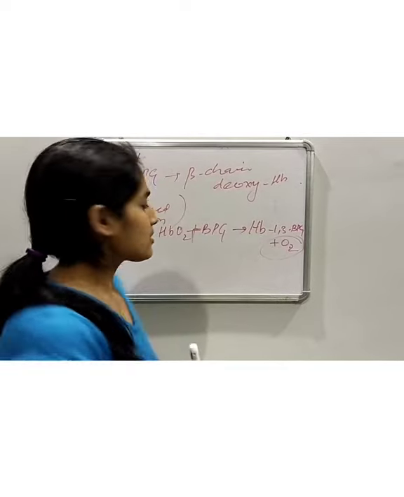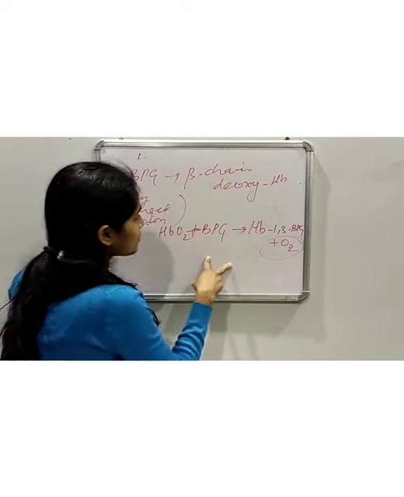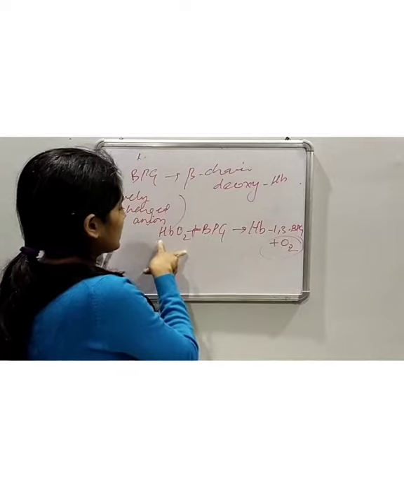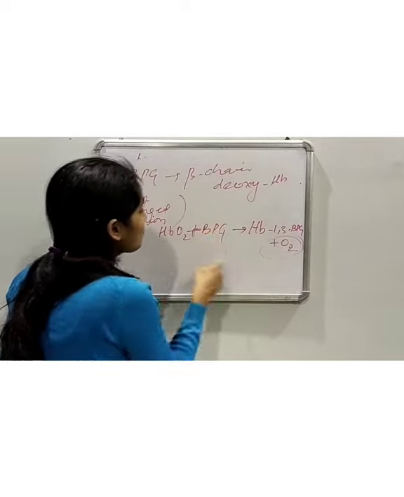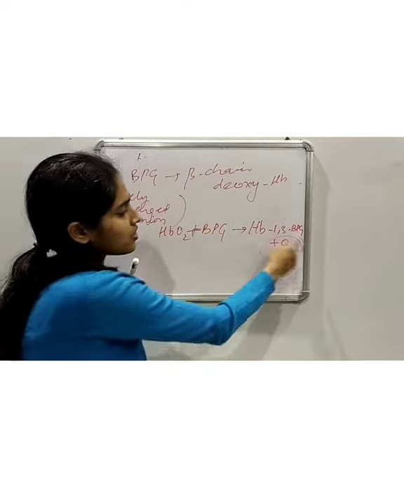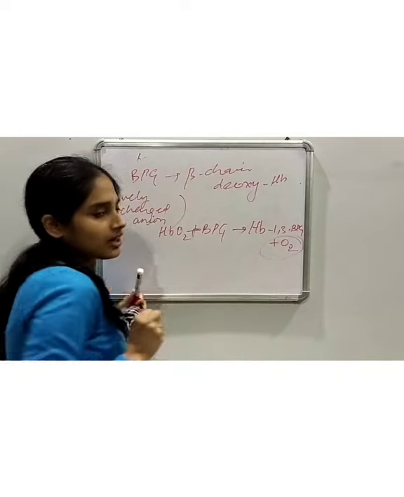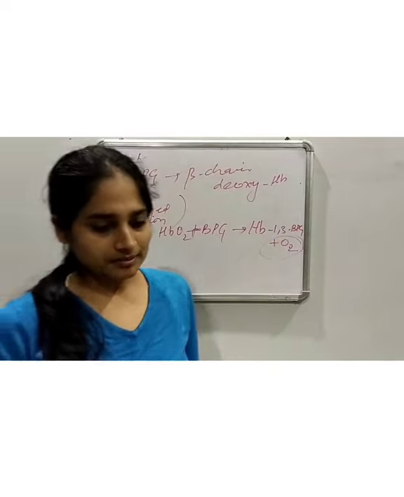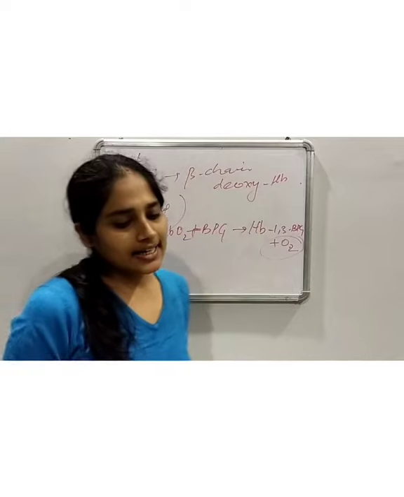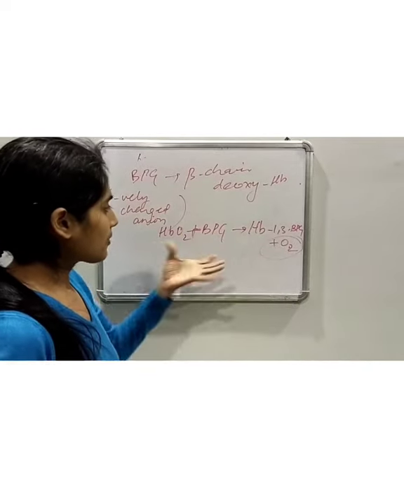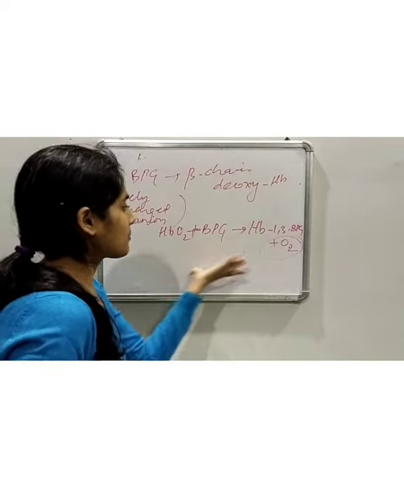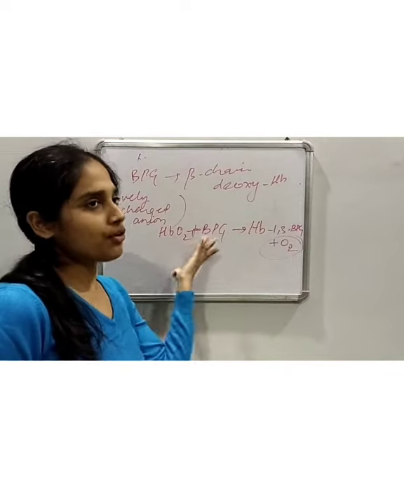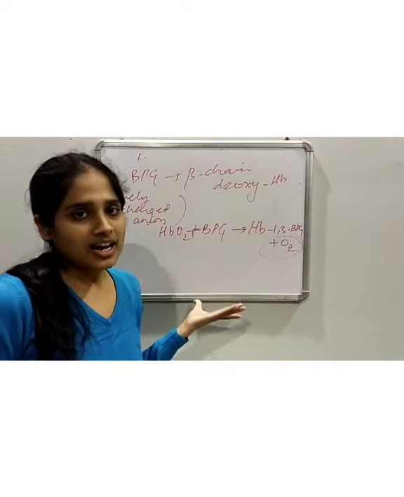So BPG reduces the affinity between the hemoglobin and oxygen and replaces the oxygen so that this oxygen is freed from the hemoglobin. And in this equilibrium, more BPG will bind to more hemoglobin and more oxygen is liberated.